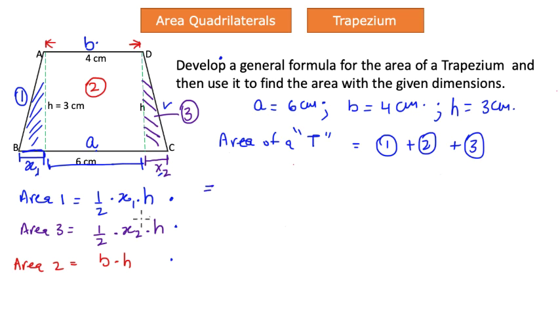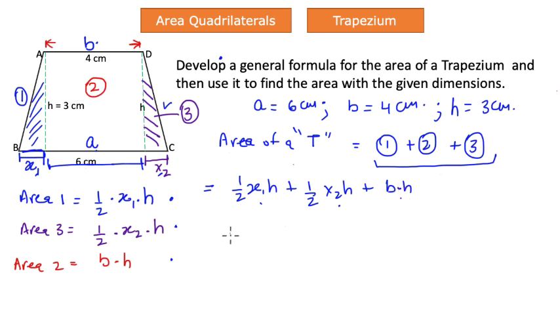Let's put those expressions back into this summation form so that you can calculate the area. This will be 1/2 x1 h plus 1/2 x2 h plus bh. This is area 1, area 3 and area 2. Now let's take the common parts out and see what remains inside the parentheses. I am applying the reverse distribution principle. So 1/2 times h can be taken out.